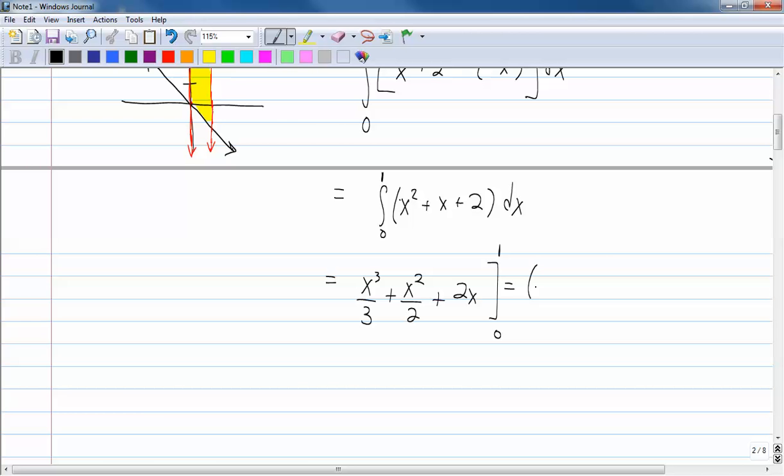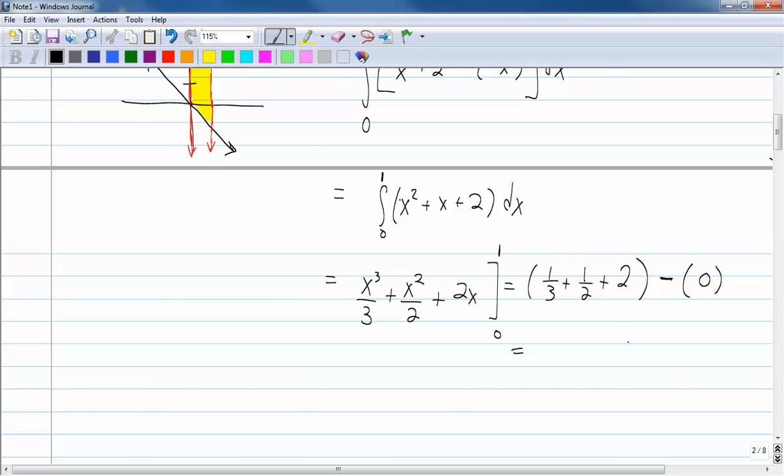Alright, so plug in the 1. I'll have 1 cubed, that's 1 over 3, plus 1 squared, that's 1 over 2, plus 2, minus, plug in a 0. Well, plugging in a 0 here gives you 0, 0, and 0, so it's just minus 0. Alright, so that's going to be equal to, let's see, you could make these all sixths.